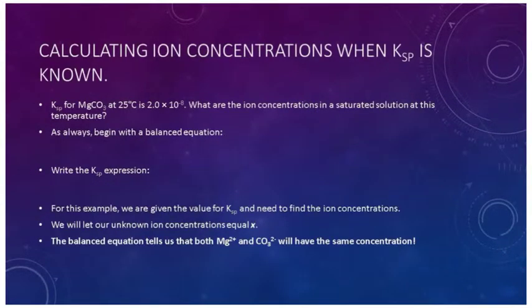Okay, so calculating ion concentration when KSP is known. The KSP for MgCO3 at 25 degrees Celsius is 2.0 times 10 to the negative 8. What are the ion concentrations in a saturated solution at this temperature? Again, always, always, always start with your balanced equation. So you start with what they give you, and it breaks down into its ions.